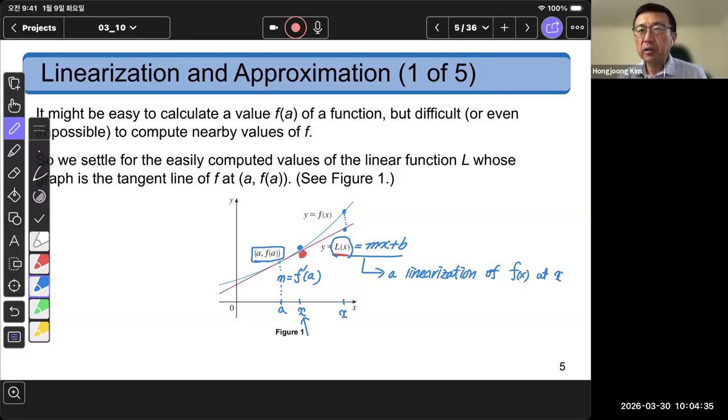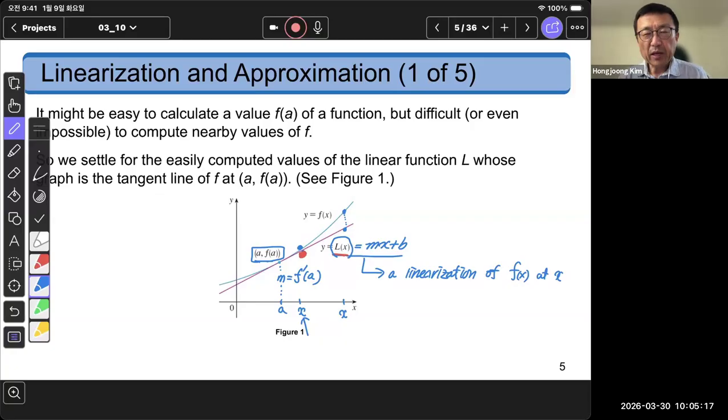And then why do we study this linearization? As I said, I want to approximate the value of f at some nearby point x. That is the purpose. Then is it always good? If x is close enough to a, then this approximation is very reasonable, because the error will be quite small. But if your x is far from a, then there may be a large error between the value of the linearization and the original function value.